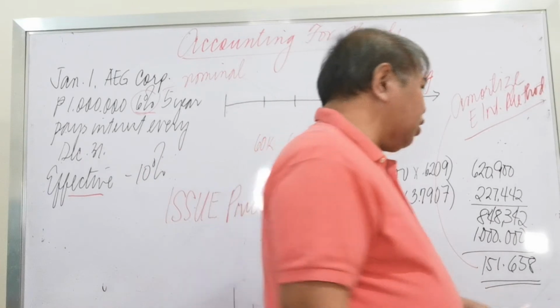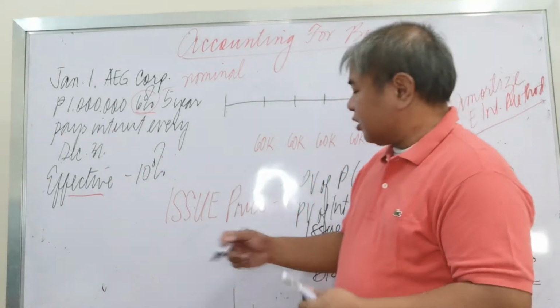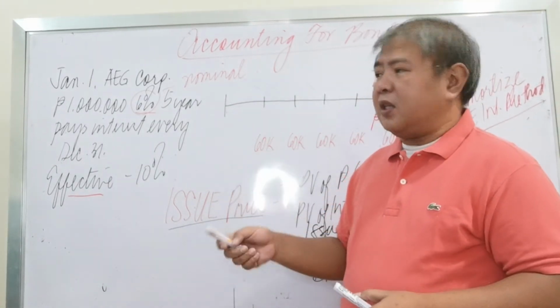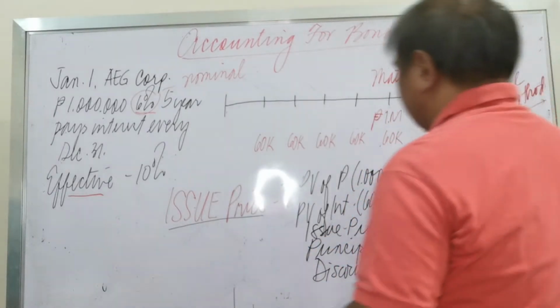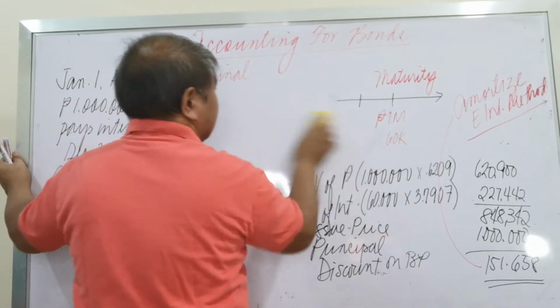Okay? Now, how are we going to record this transaction? So we have already solved the first issue with regard to accounting for bonds, and that is the issue price. Okay? So how are we going to record the transaction? I'll just erase this one.